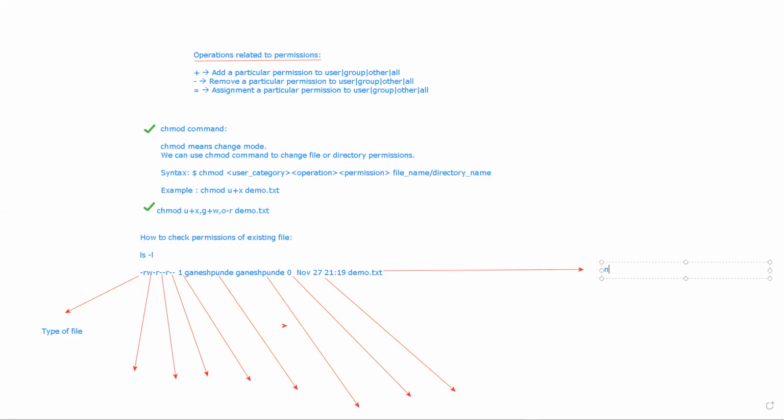So this is the name of the file. This is the date and time, or I can say creation date and time. This is the size of the file, right? This is the group of the file. This is the user of the file.